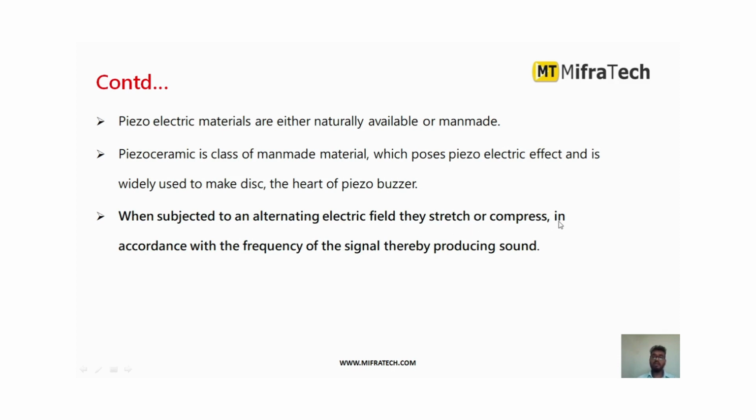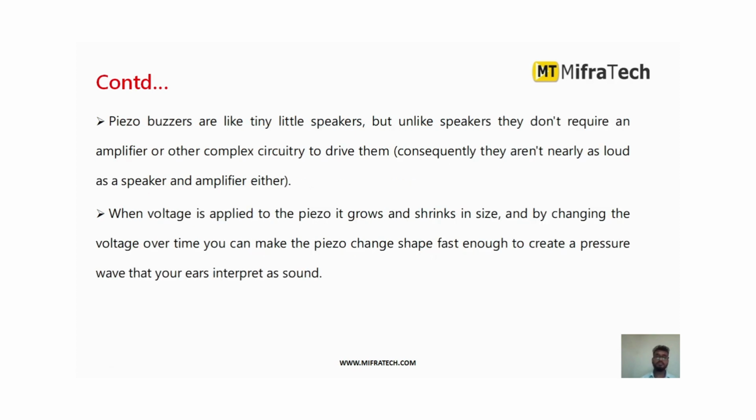Whenever you provide the supply, the piezo material in the buzzer stretches or compresses according to the frequency of the signal, and according to the signal it produces some sound.